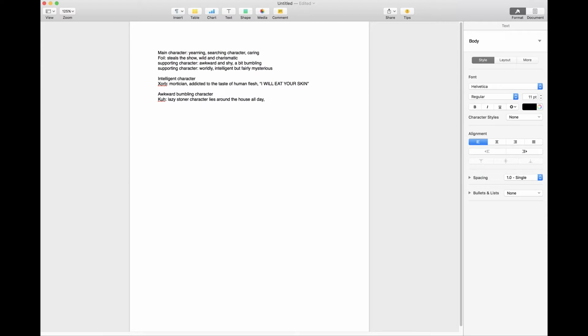Then a good quirky personality trait could be that he has a habit of shitting his pants at the most inopportune times. Then his catchphrase could be, for example, "I'm 100% sure that's not my turd." So we've got two characters down.